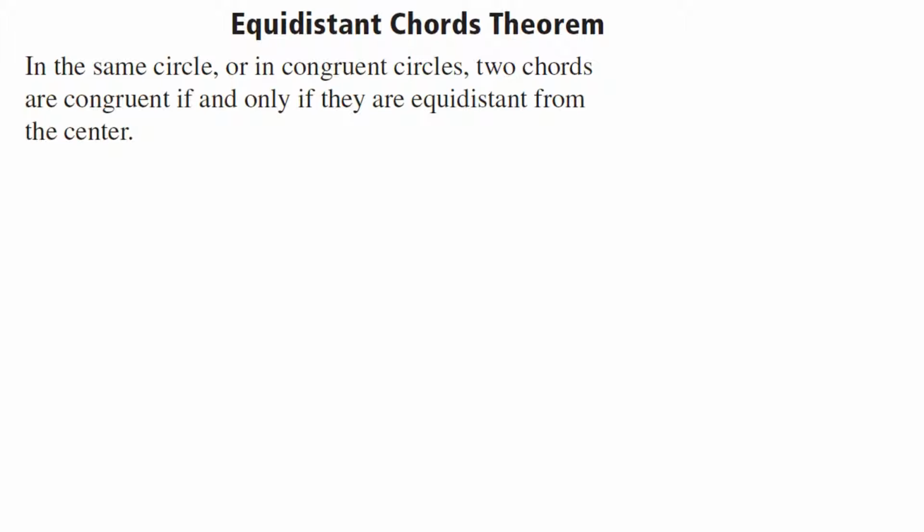Two chords will be congruent if and only if they're the same distance from the center, right? That's what equidistant means. Remember, if we want to try finding the distance from a line segment to a point, we also wanted to go in a perpendicular direction.